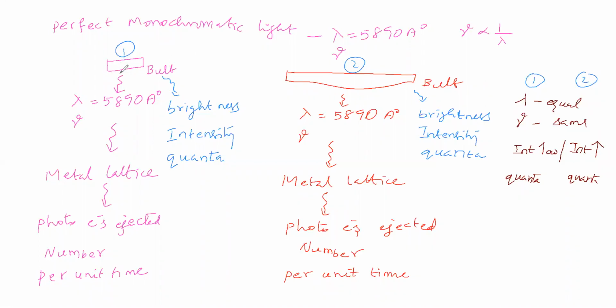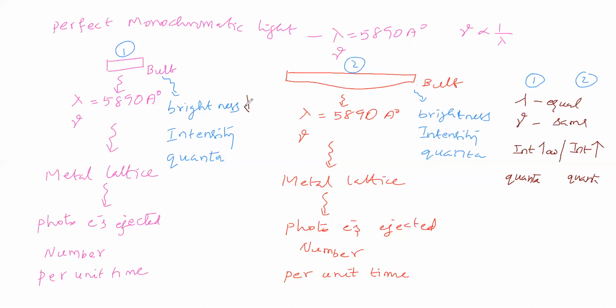The number of quanta emitted in the first bulb and in the second bulb, how will it be? This first bulb is a small bulb. It is emitting radiation, it is emitting quanta, it is emitting photons. Each photon is called an energy particle. So how many photons per unit time is it emitting?